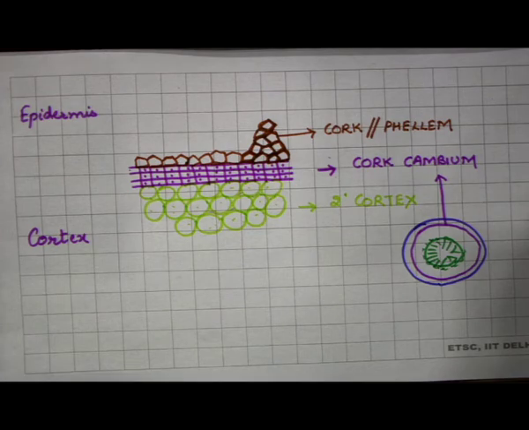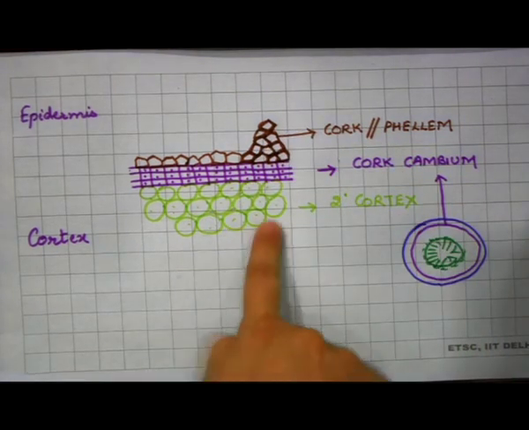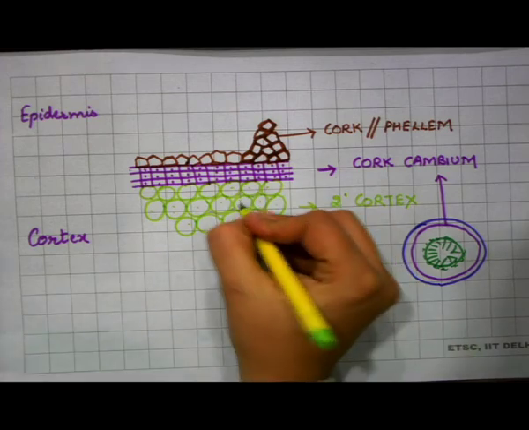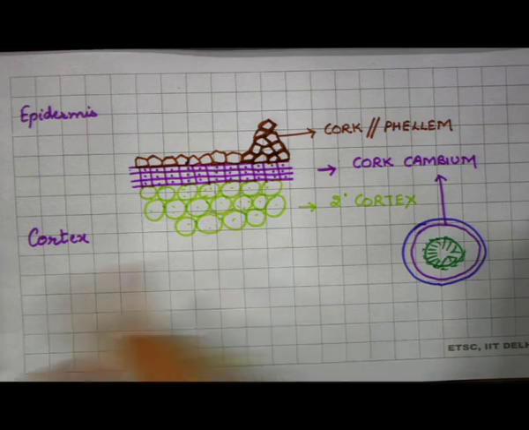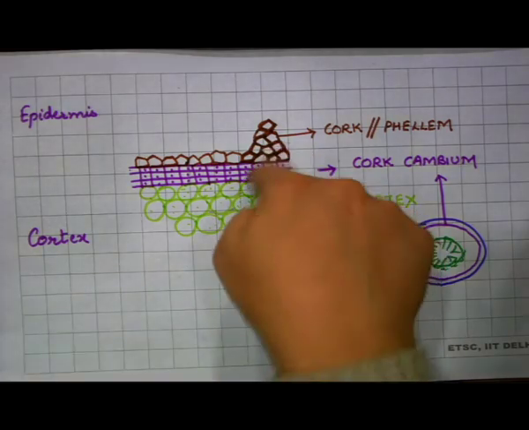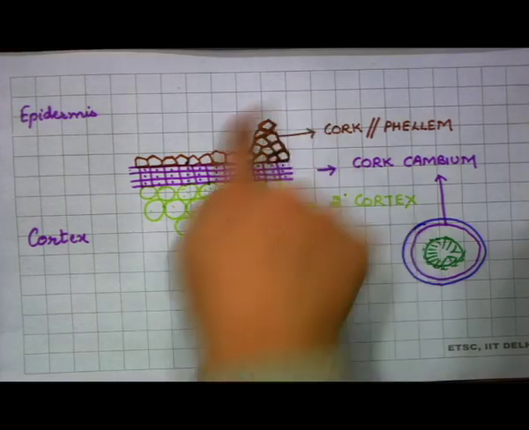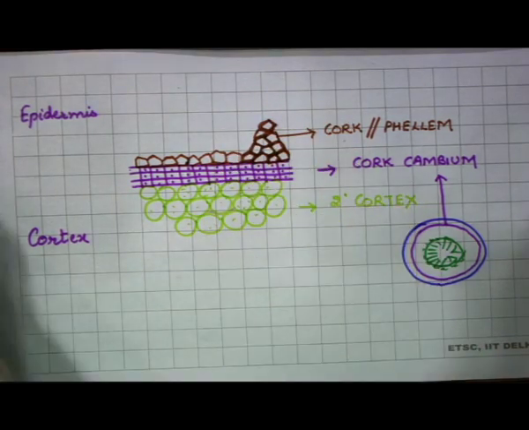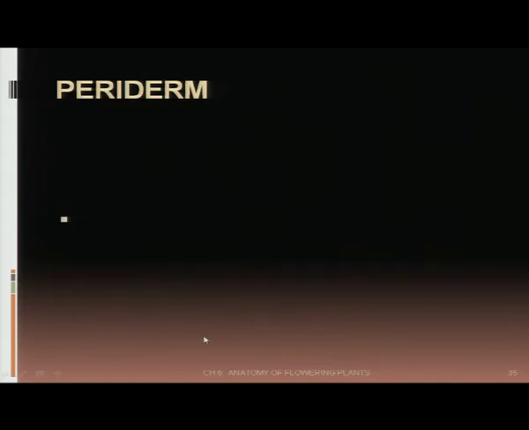How can you show that I have made these cells living and not these? Yes, the presence of protoplast that I had drawn with the dots shows them to be living. However, presence of very thick walls and lumen and absence of nucleus shows them to be non-living or dead. These secondary cortex cells may carry on photosynthesis and serve in storage of food also.